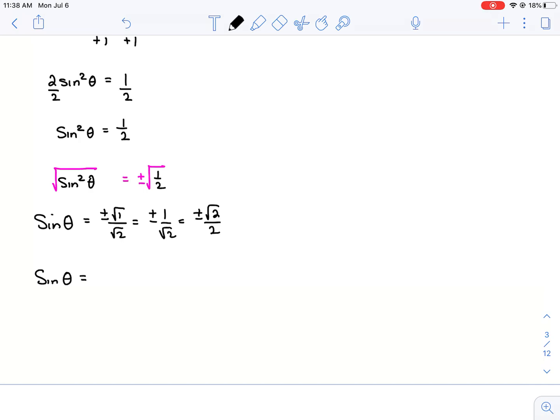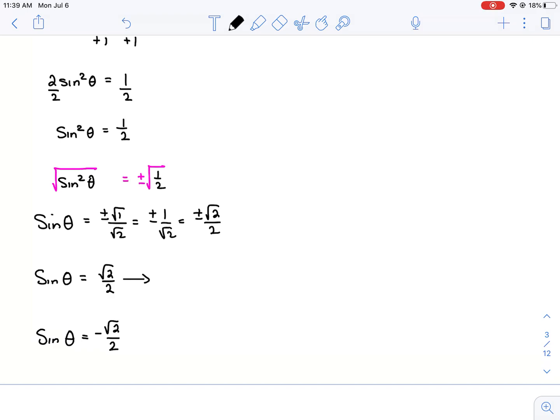One equation where sine theta is equal to positive square root of 2 divided by 2, and the other where sine theta is equal to negative square root of 2 divided by 2. And those 4 angles are the following.